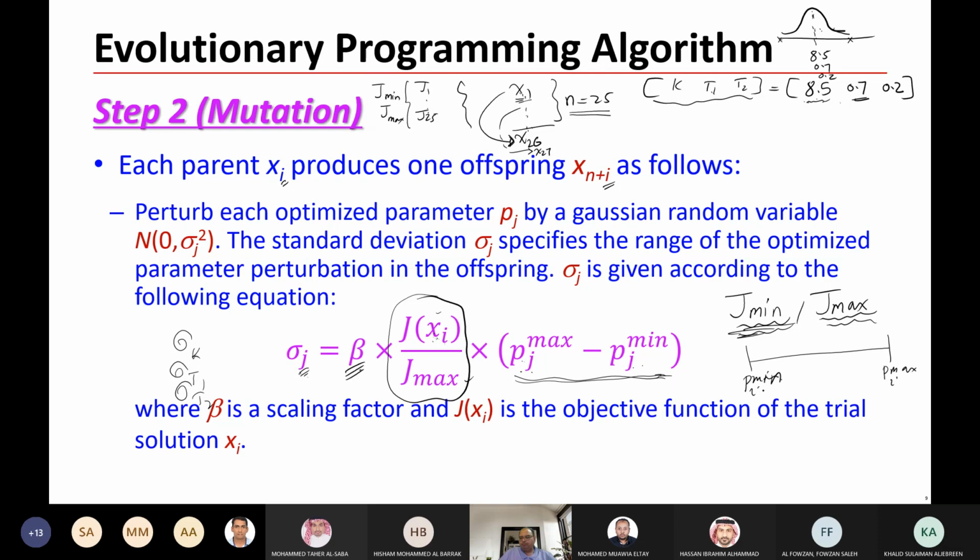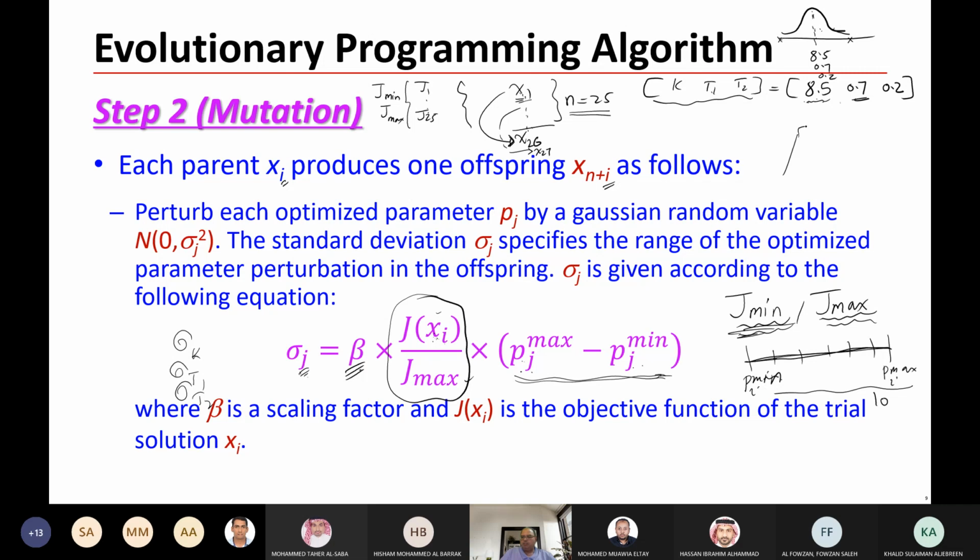Let us assume that this range will be divided, for example, into 8 intervals or 10 intervals. So we can allow a maximum of 10% deviation. Either you go this way 10% or you go this way 10%. You can divide this range over 10, for example.